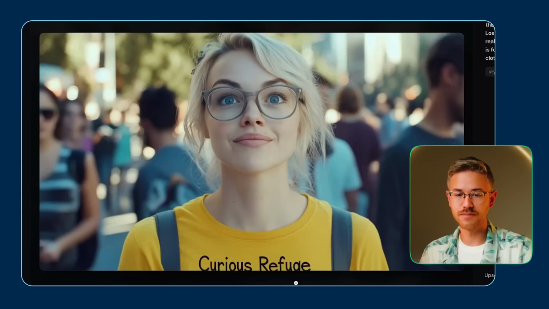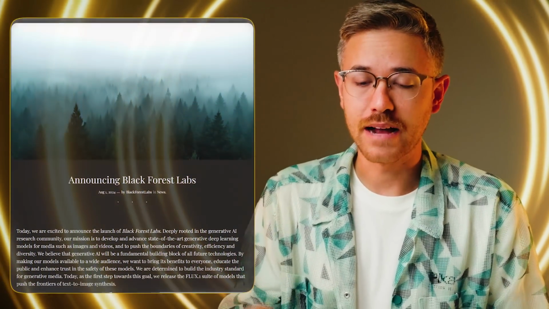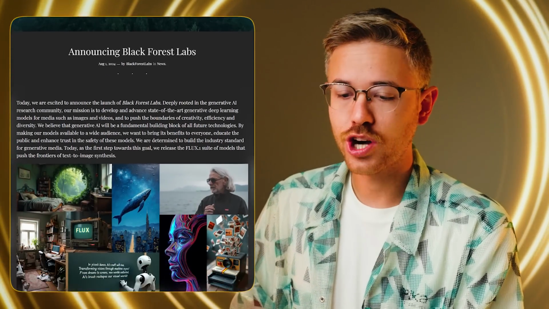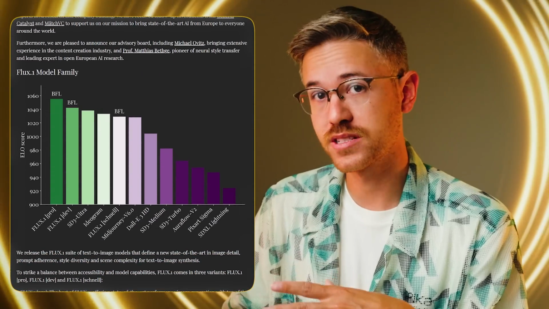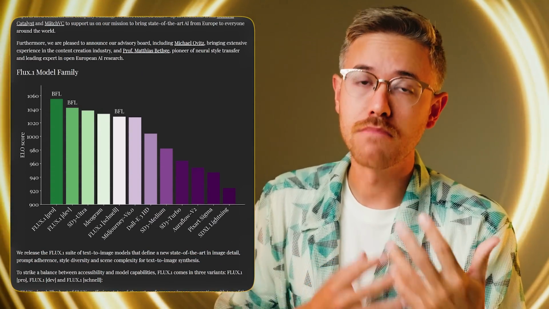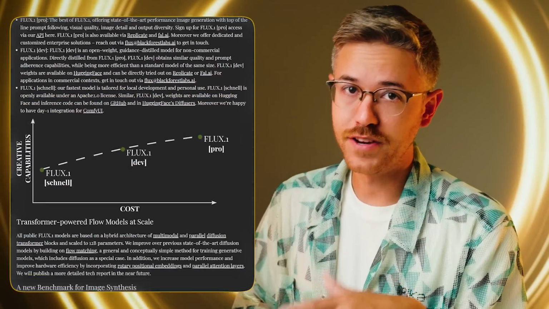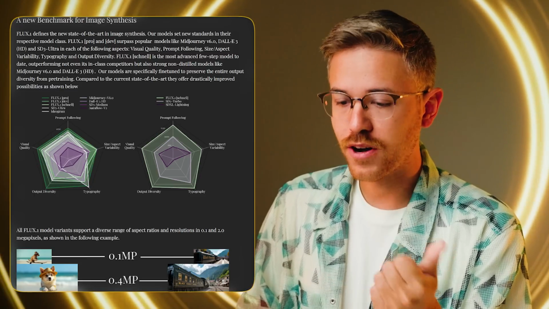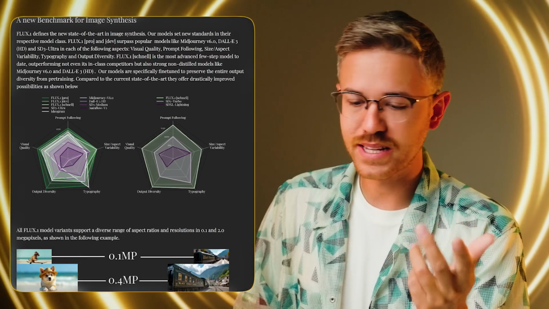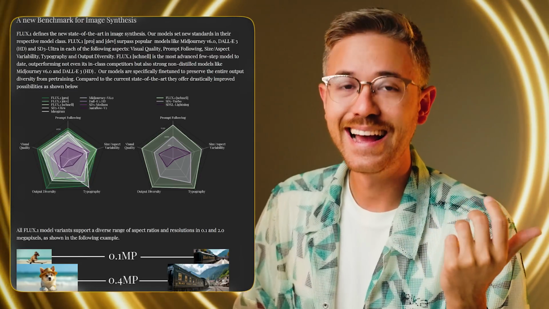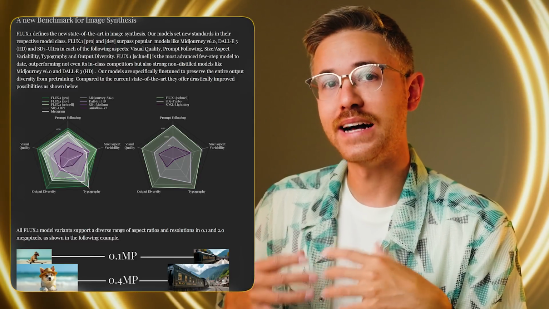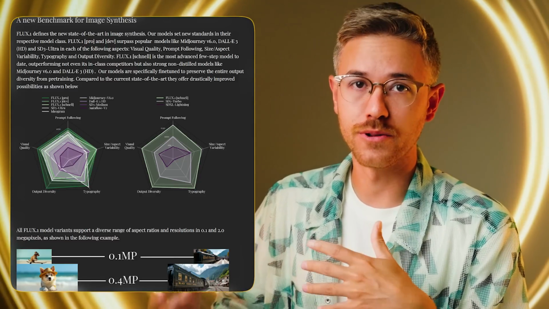So on the announcement page at Black Forest Labs for Flux, they actually said in this chart here that most of the Flux models perform better than most of the other AI video models that are out there. And they have 5 different categories here: prompt following, size and aspect variability, typography, output diversity, and visual quality. And they basically are using those as benchmarks to compare to other tools.